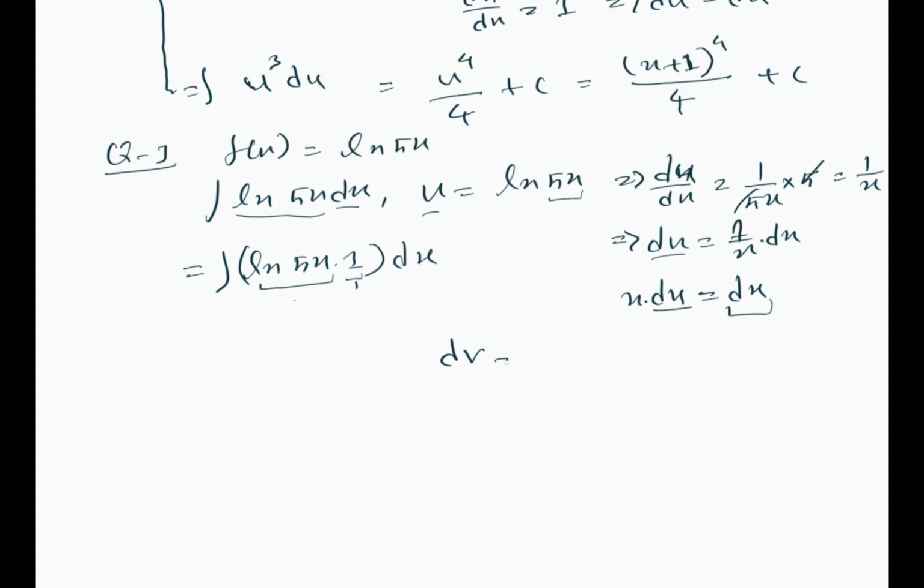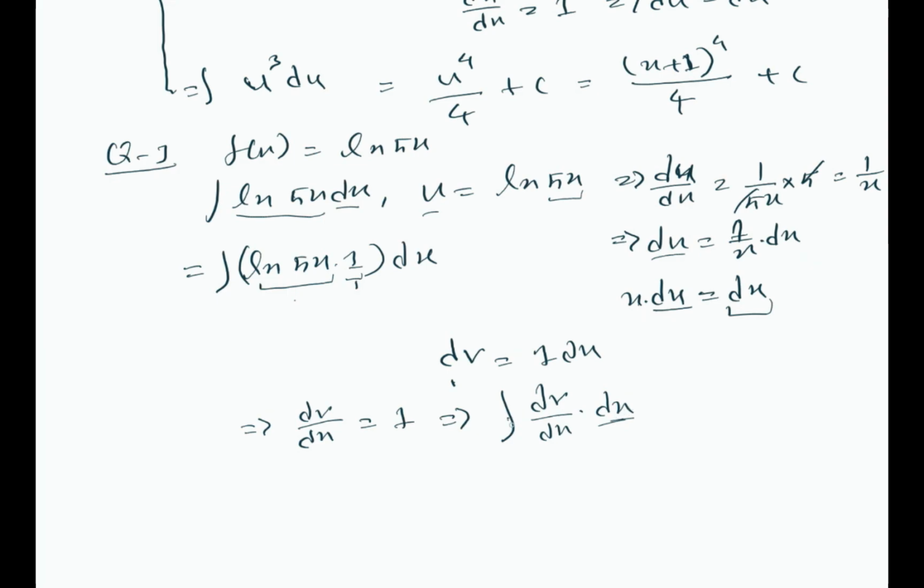So for dv, I can take 1 dx, right? If I divide both sides by dx, then I'll get dv/dx is equal to only 1. And if I integrate both sides, then I will get the integral of dv/dx dx. This dx is for integration, right?